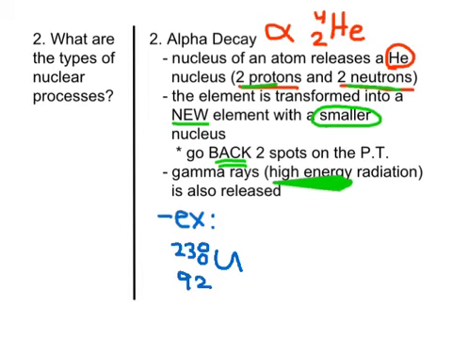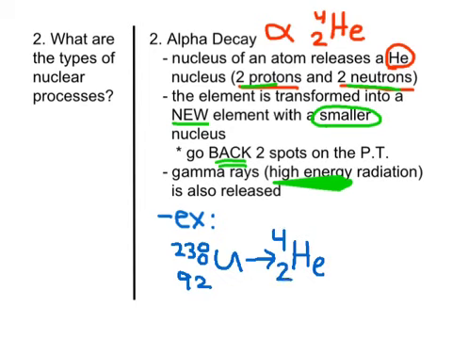You can see here that we've got way more neutrons than protons, so it's going to be unstable. So in order for this atom to become more stable, it's going to let off a helium nucleus. That's our alpha particle. So we're going to have a helium nucleus get let off, which is 4 and 2.